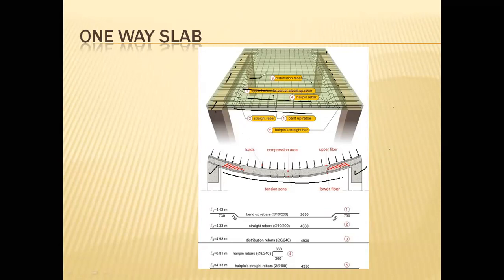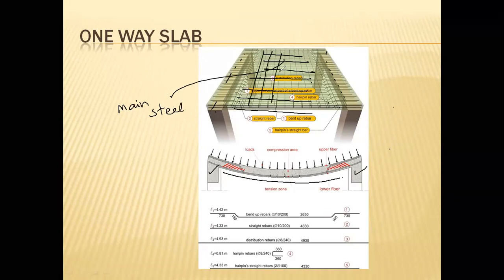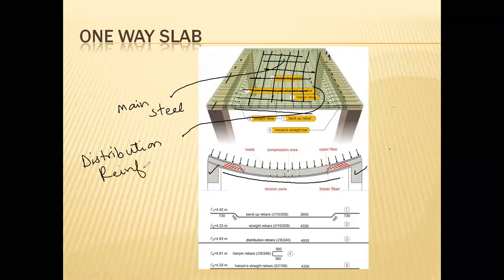The bars which are provided like this are the main steel, and the steel which is perpendicular to the main steel is called distribution steel or distribution reinforcement.